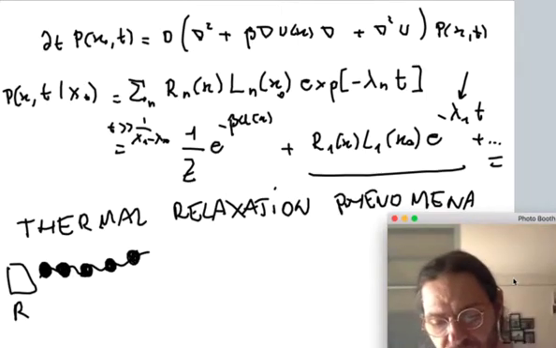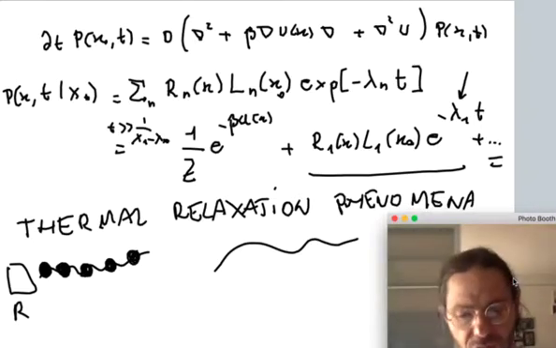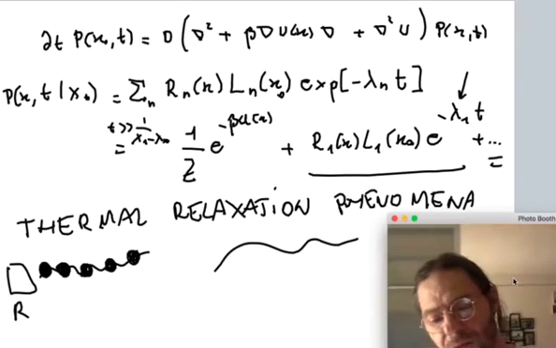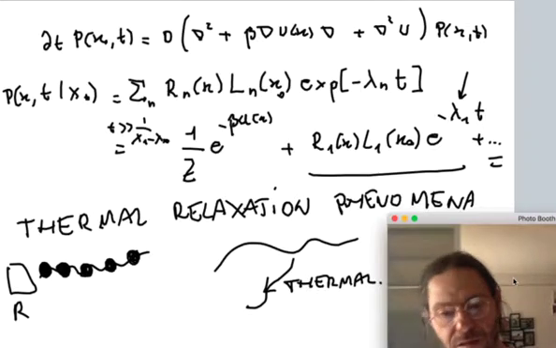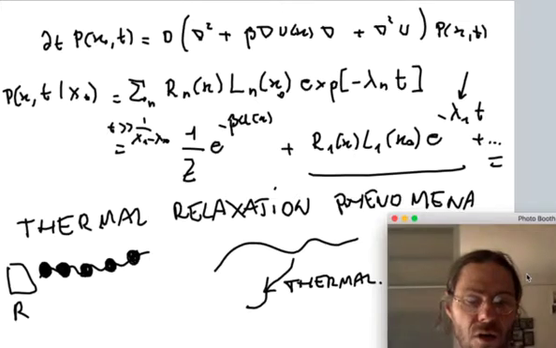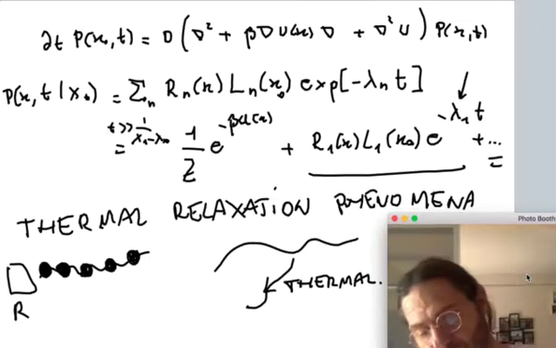Once you produce this chain, it is produced in a configuration that is not the thermal equilibrium configuration. What happens is that during thermalization, the chain attains configurations that are close to those that are basically sampling the Boltzmann distribution.